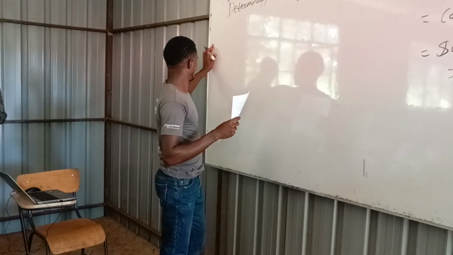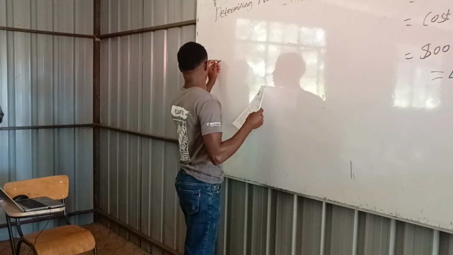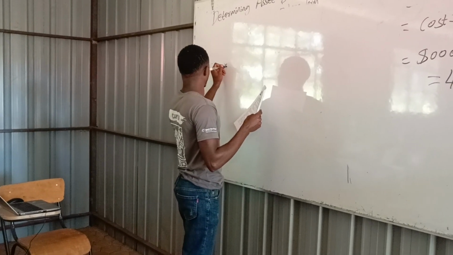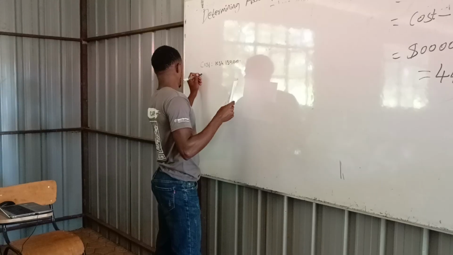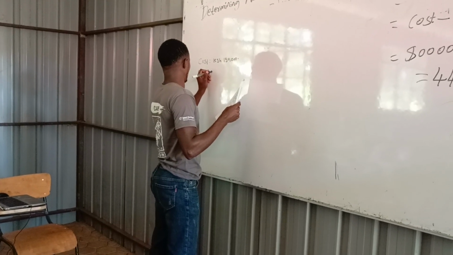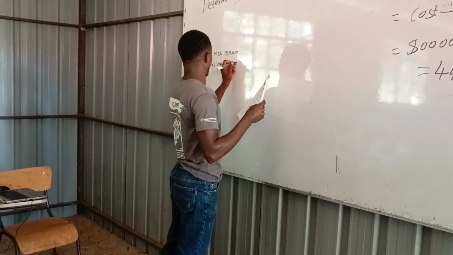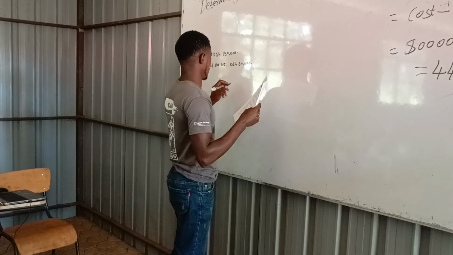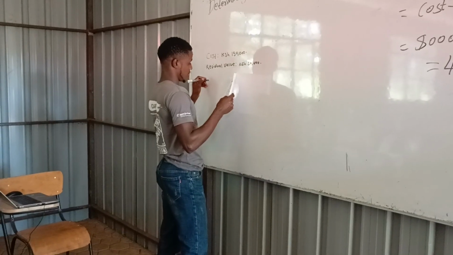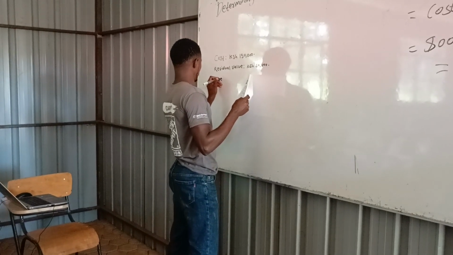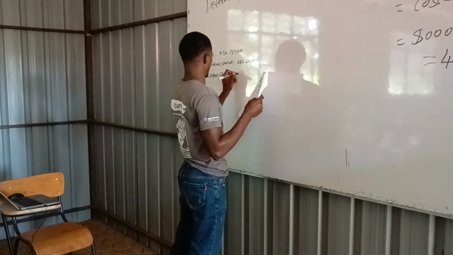First of all, before we enter the equation here, there are easy variables. We have the cost, which is 50,000. The residual value, which is Kenya shillings 10,000. Another is the estimated useful life, which is 4 years.